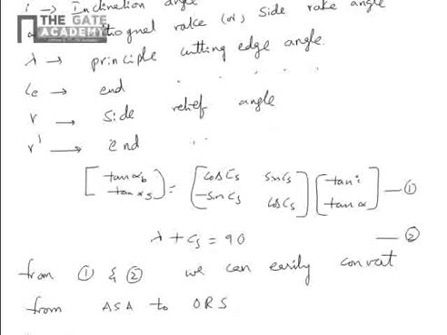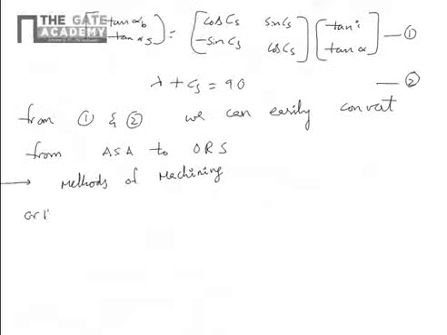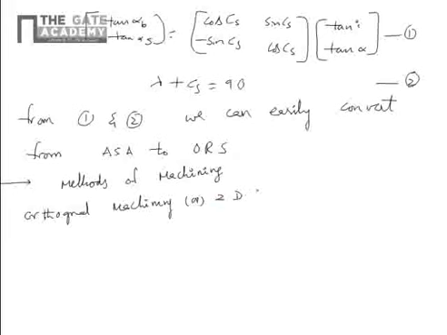There are two types of machining methods. First one is orthogonal machining, orthogonal cutting, or two-dimensional cutting, 2D cutting.